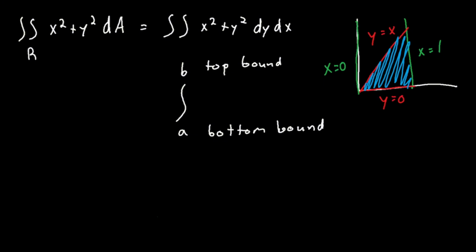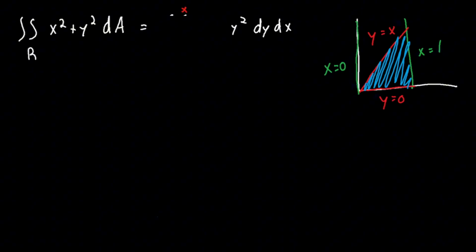So what bounds the top of this region is just y is equal to x, and what bounds the bottom, y is equal to 0. Therefore, our bottom boundary is 0 with respect to y, and our top boundary is represented by the function x with respect to y. So just whatever y is equal to at this time.